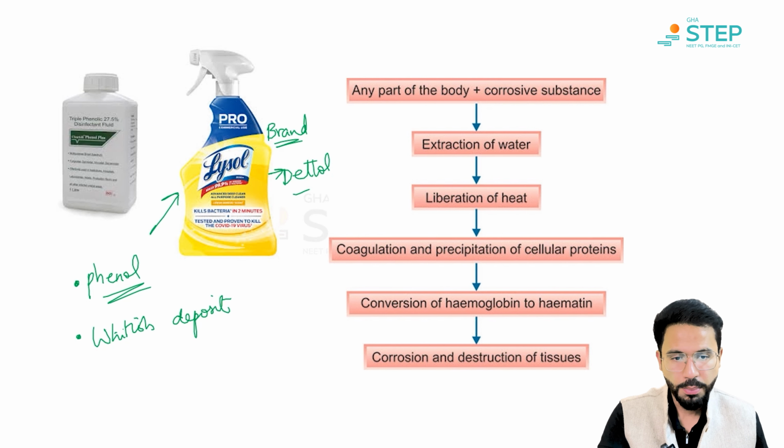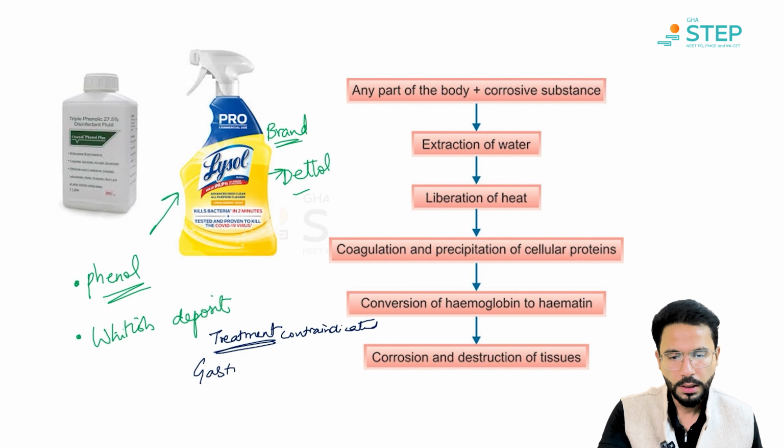Now, a very important thing here is, between these poisons, what is contraindicated? So something that we should also discuss is what is contraindicated in nitric acid and sulfuric acid. The treatment that is contraindicated is gastric lavage.